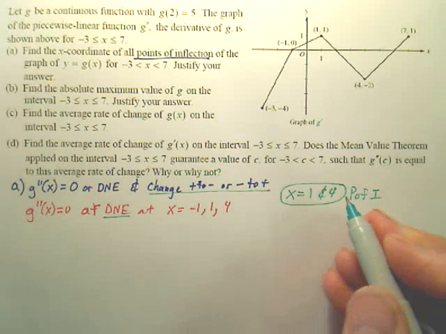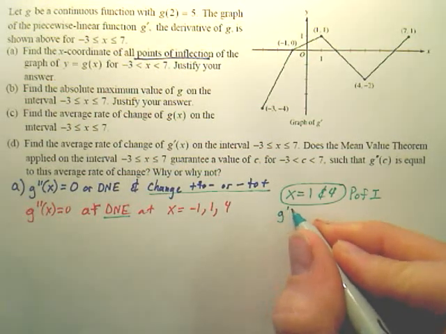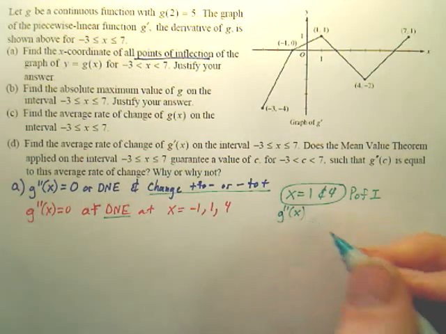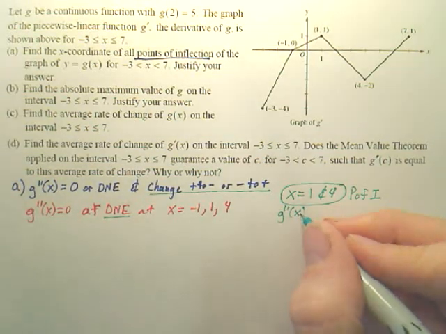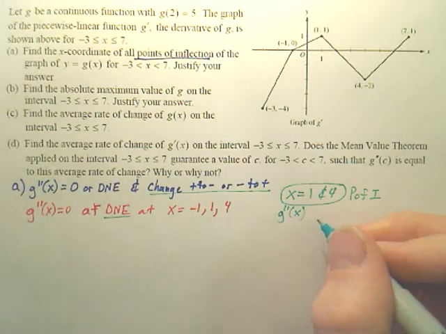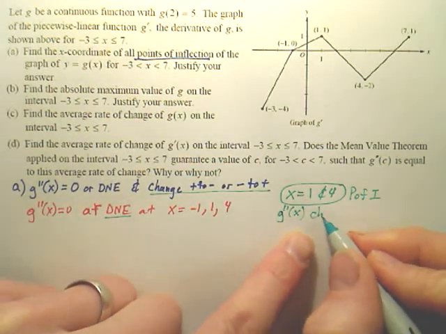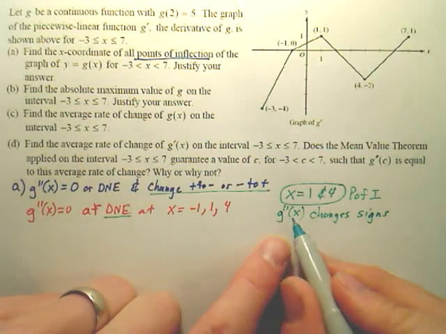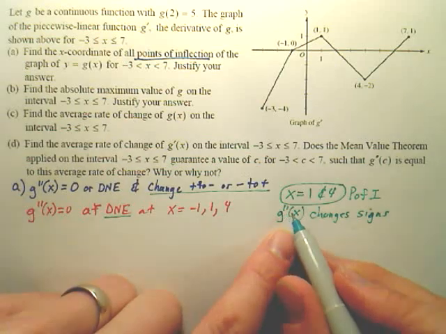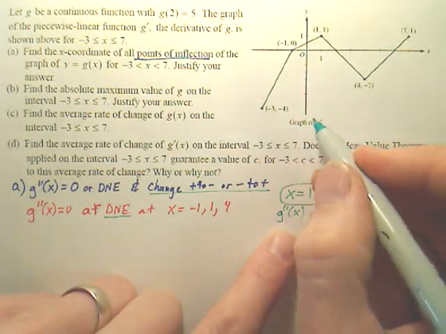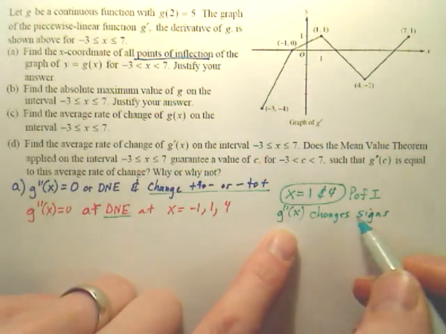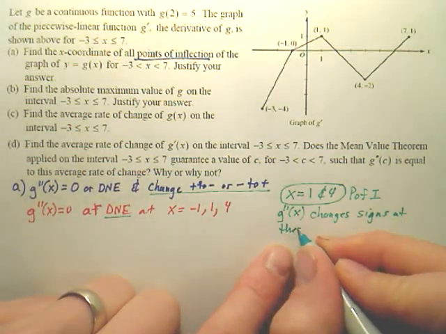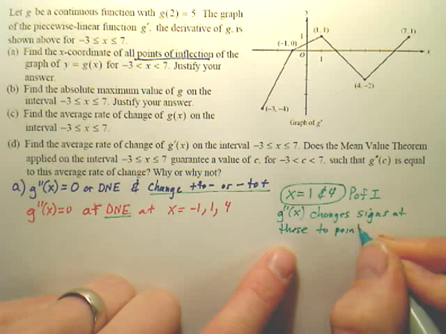The reason is that the second derivative of G, basically the slope of G prime, changes signs at these 2 points.